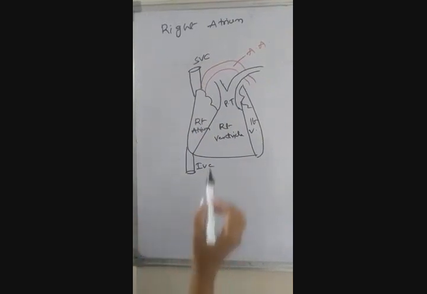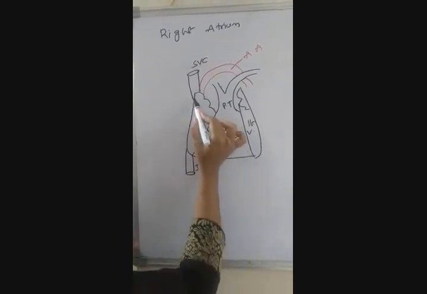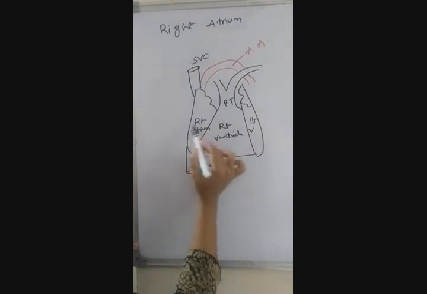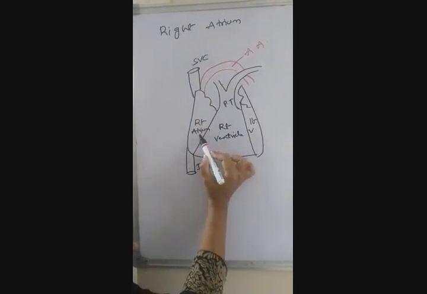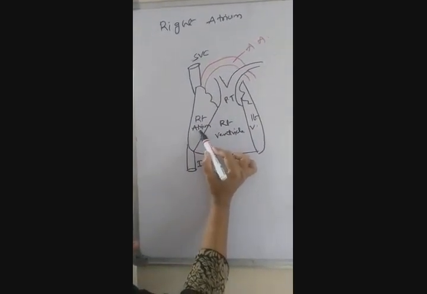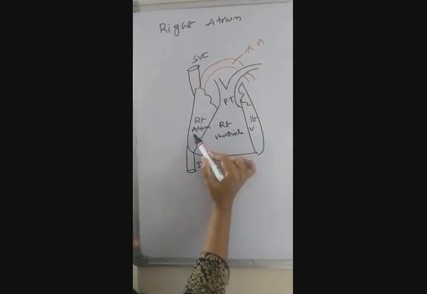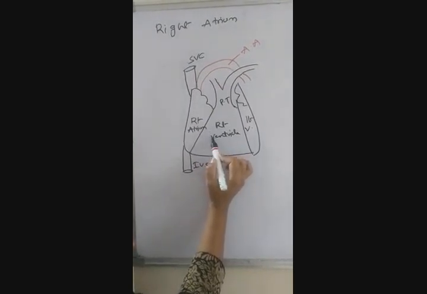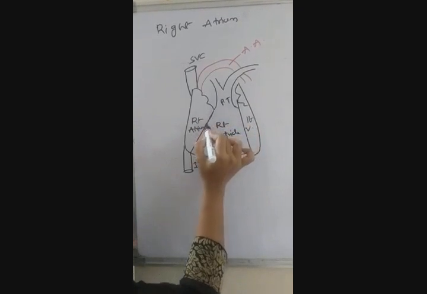Okay, so this right atrium is a somewhat quadrilateral shaped chamber which is present on the right side and behind the right ventricle. Externally, this right atrium is separated from the right ventricle by a groove.